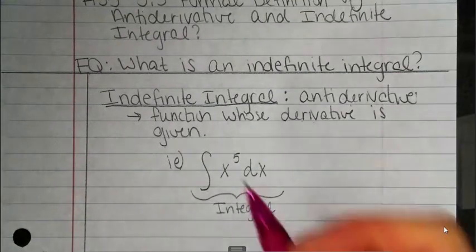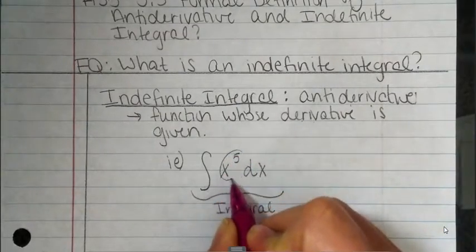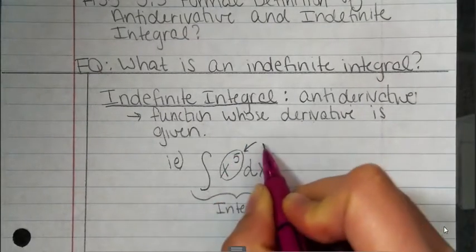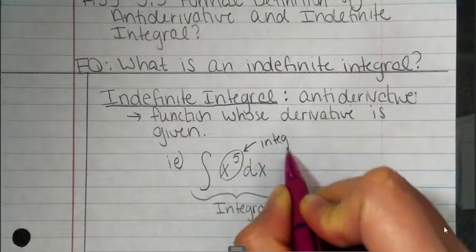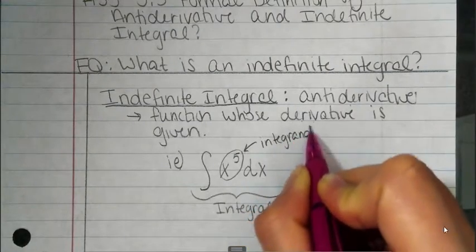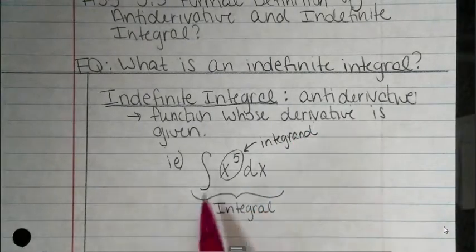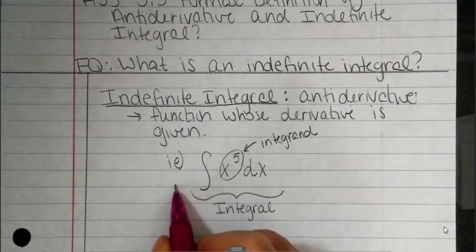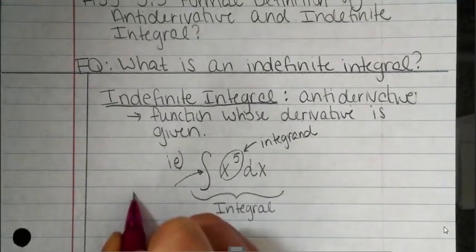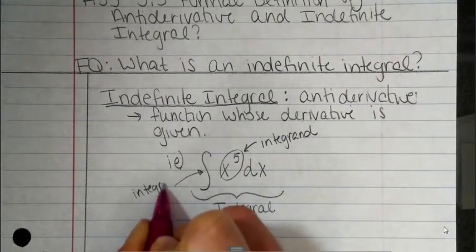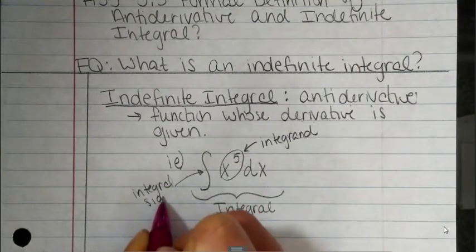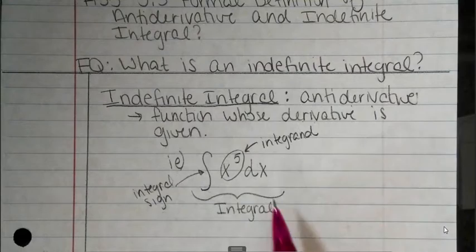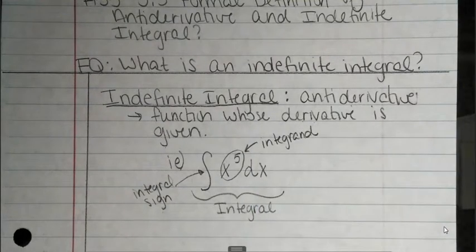Okay, this inside part here, this is your integrand. This is your integral sign, if you need to label that. And then you have your differential, which we learned about in our last lesson.